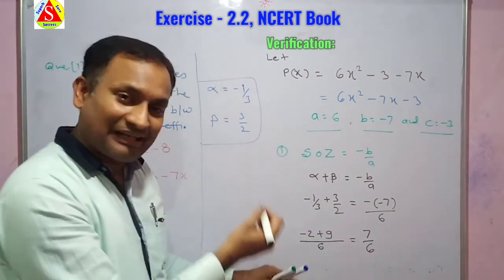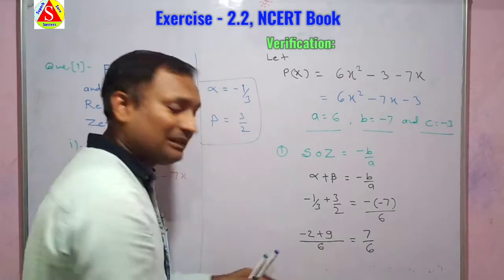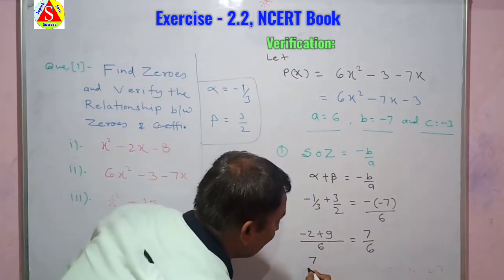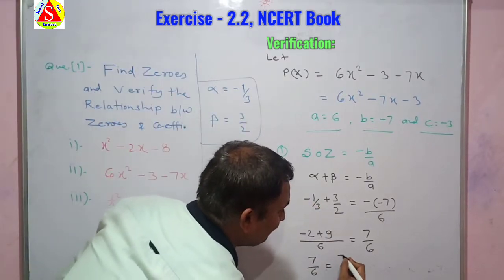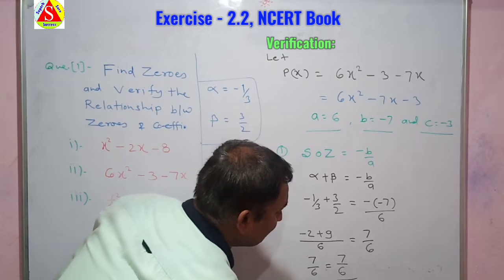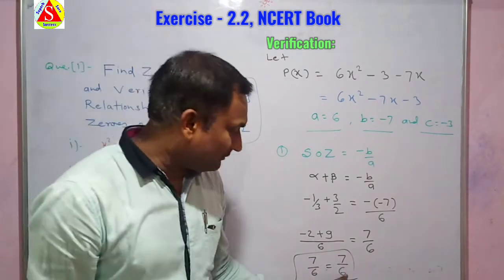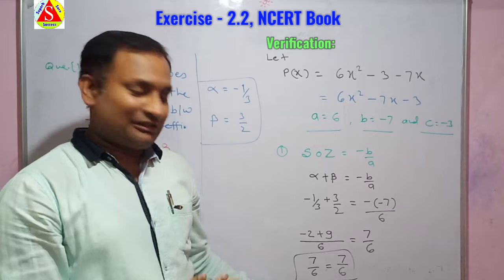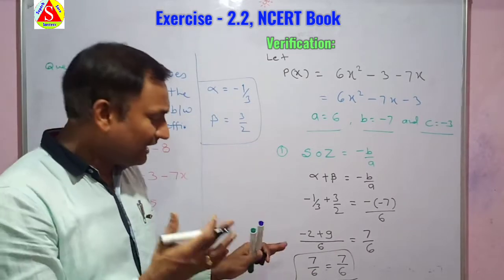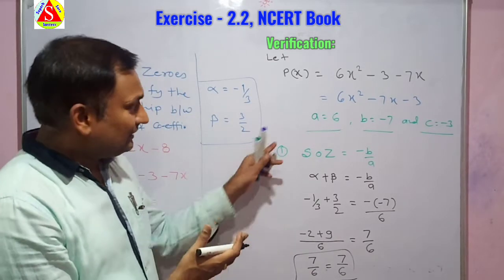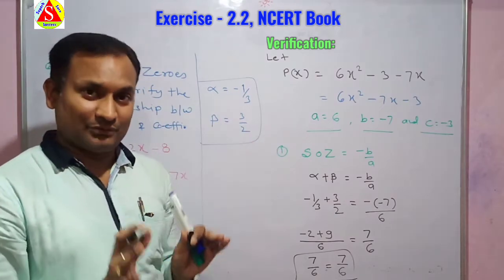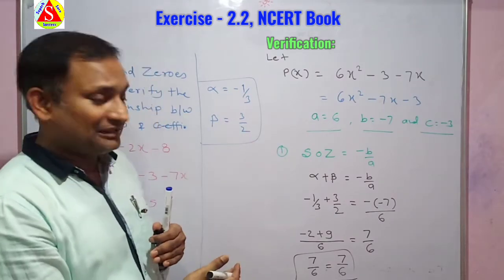Simplifying again, minus 2 plus 9 is 7 upon 6. Similarly, on the right side we have 7 by 6. So dear students, you can see that we have verified the sum of zeros. The first condition is verified.